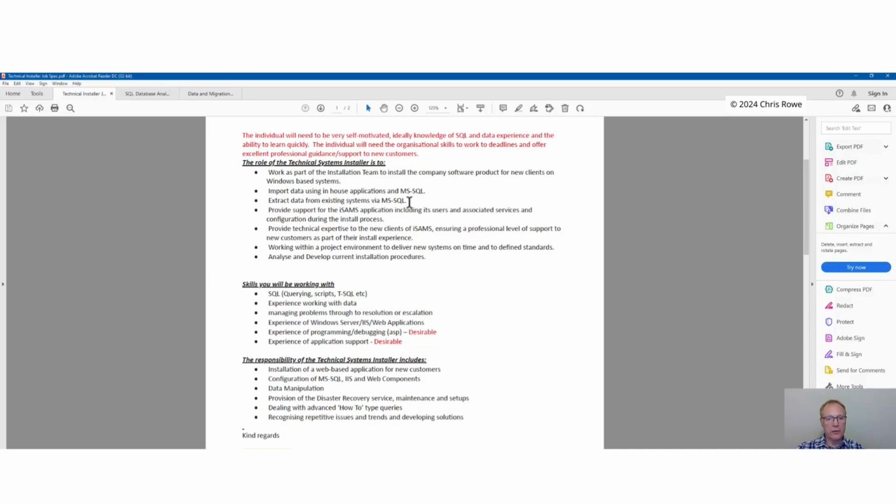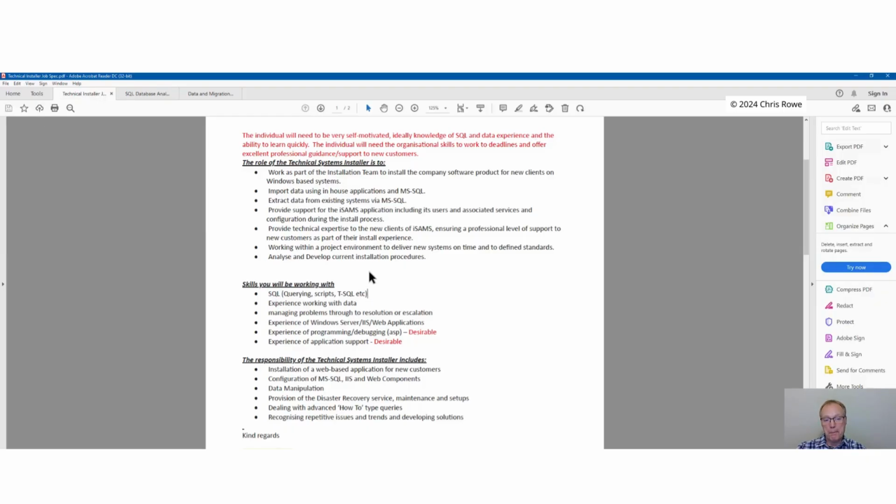Extract data from existing systems, and so on. I was a bit shaky on those, and as you can see from the first bit here, I had a few things that could sort of match, but most of these areas I didn't have any experience in. Skills that you'll be working with: experience working with data. Well, I work with data quite a lot, but all in Excel.